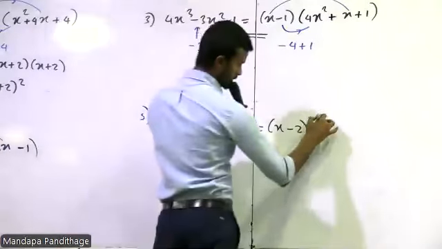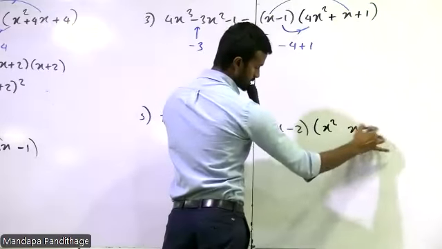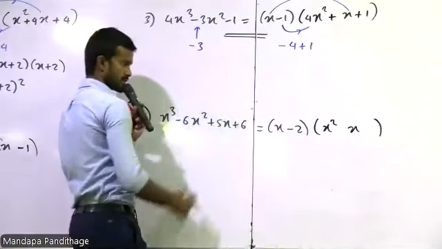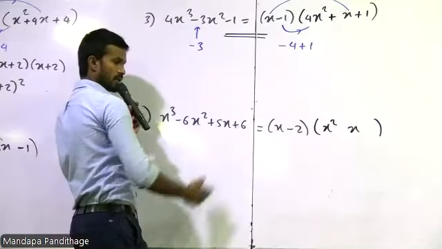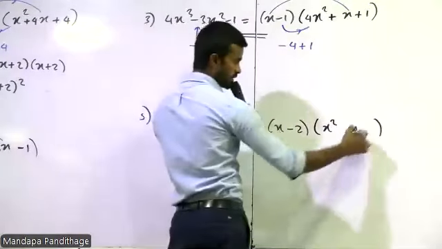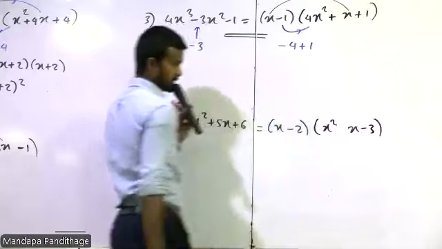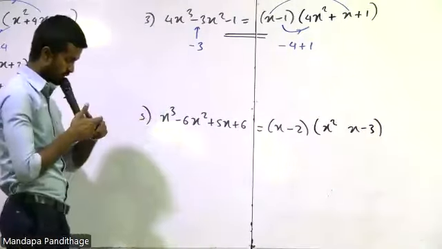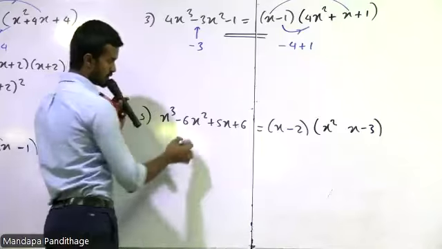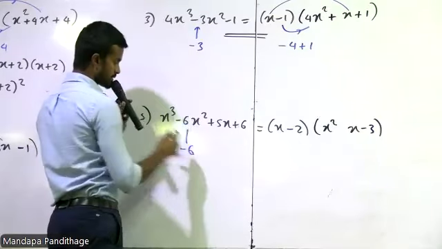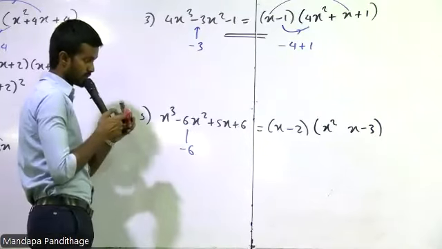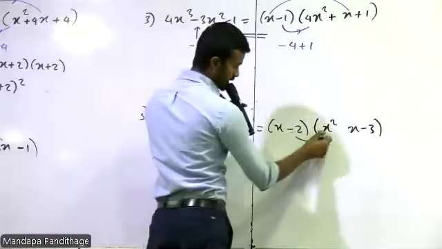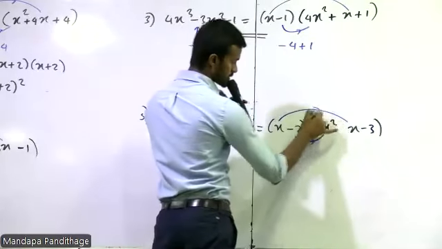Okay, this one, x squared and x and constant. X cube is 1, so it's the same. Constant is 6. How can you get a 6? It's -2 into -3. Okay, then consider the coefficient of x squared. It's -6. You get x squared from 2 places.